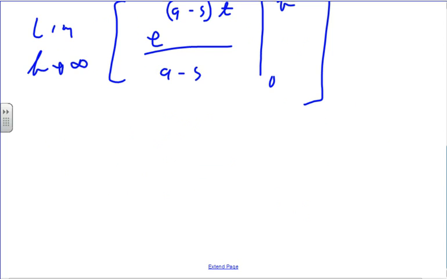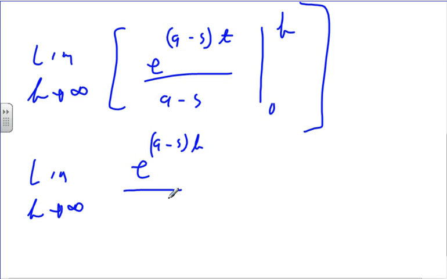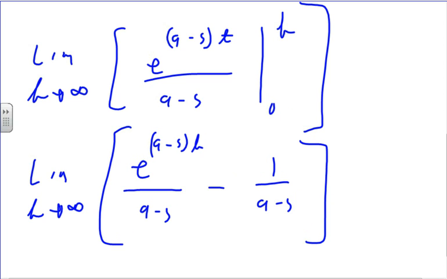Okay, looking good so far. The limit as b goes to infinity of e to the (a minus s)b over (a minus s) minus 1 over (a minus s). Okay, this guy goes to 0 again.